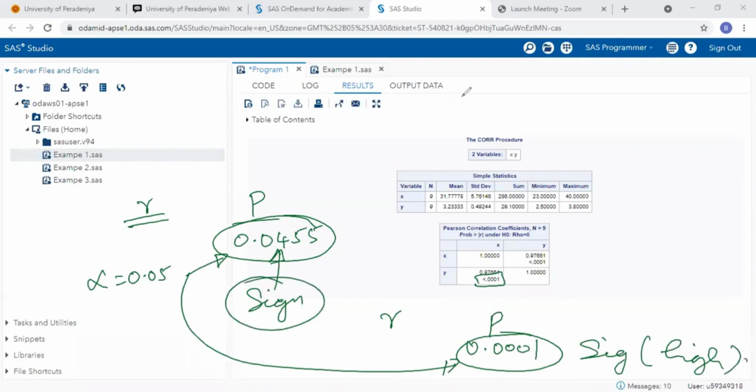Here we can say only marginally significant, because it is much closer to the alpha value. You see? Whenever the p-value gets smaller and smaller, the relative significance changes. Significance becomes quite high, right?